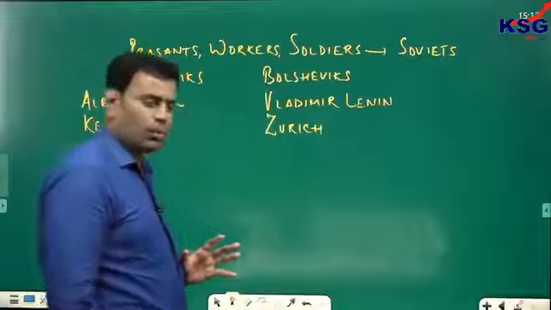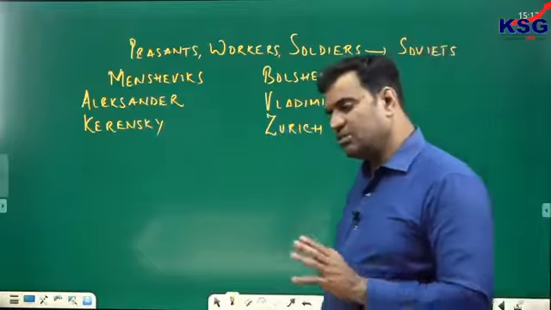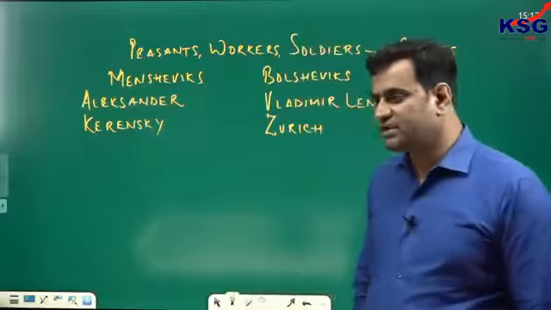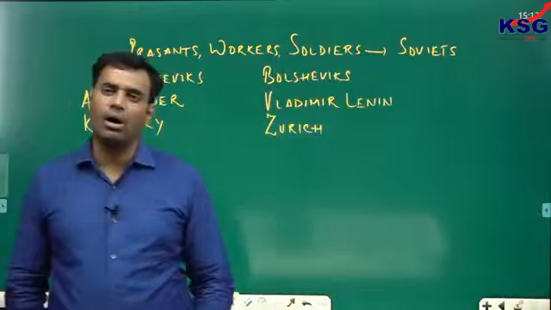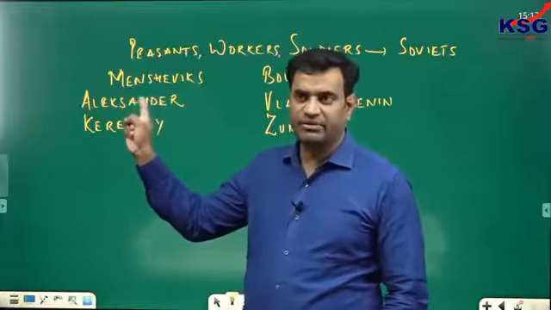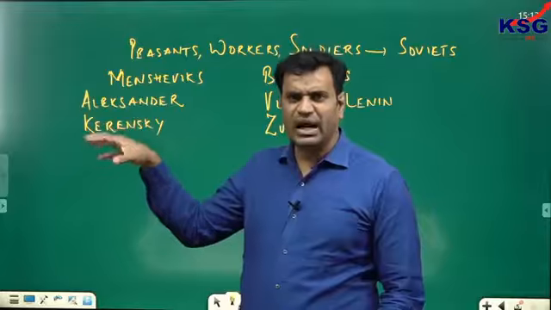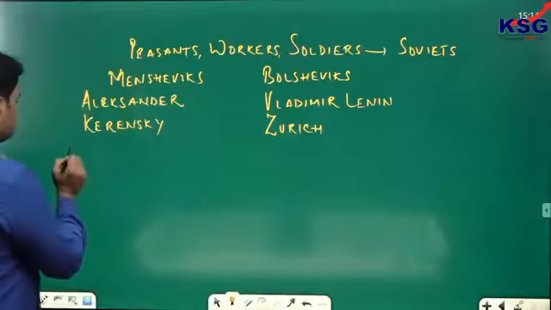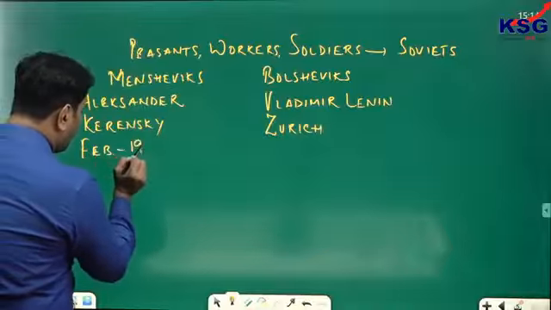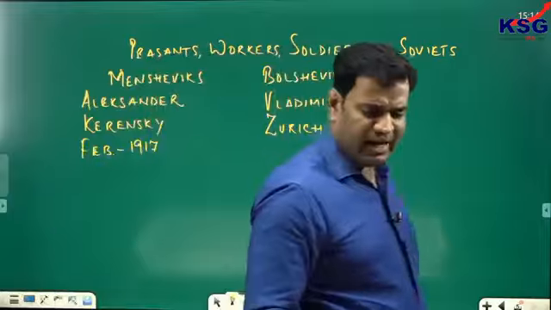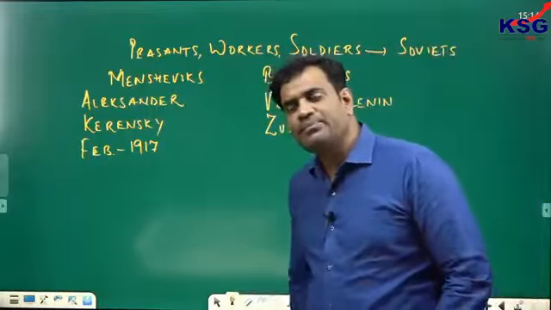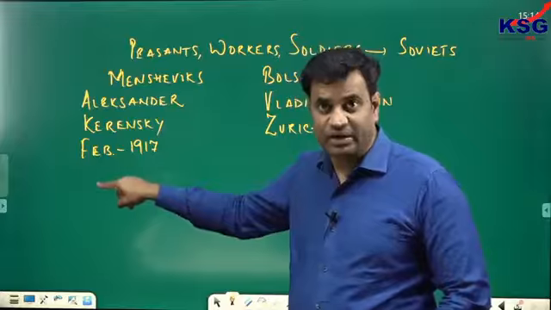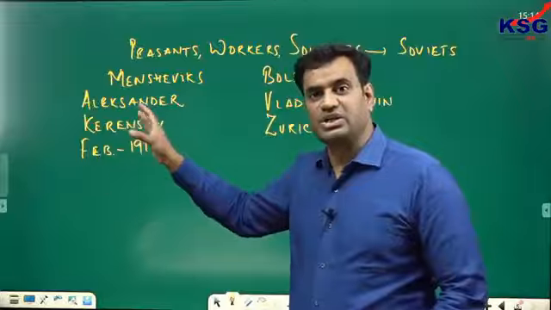When Russia was thoroughly defeated in the First World War, Mensheviks organized a socialist revolution in February 1917. 27th of February, in the old Russian calendar, but according to the present Gregorian calendar, it's 12th of March. But we write February Revolution because it is mentioned according to the Russian calendar.